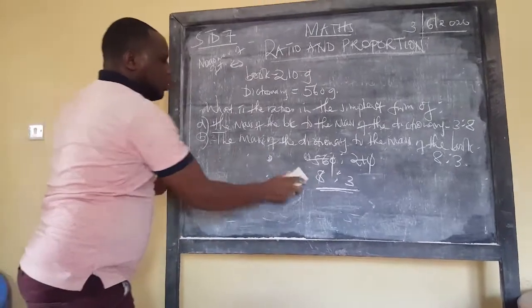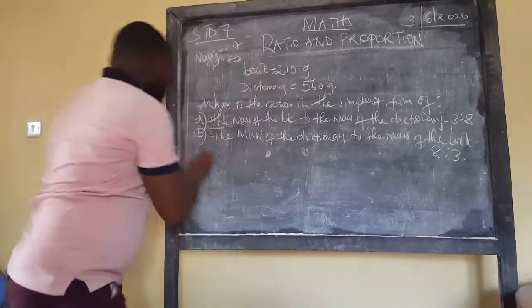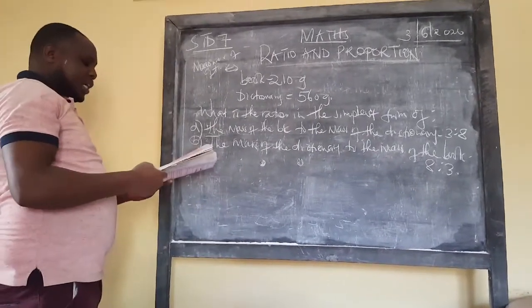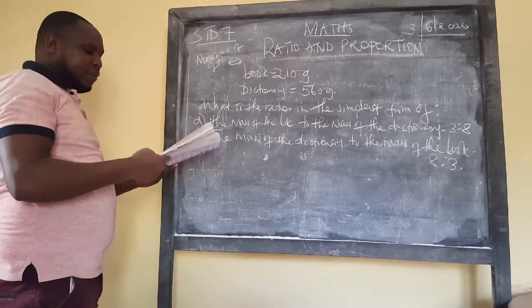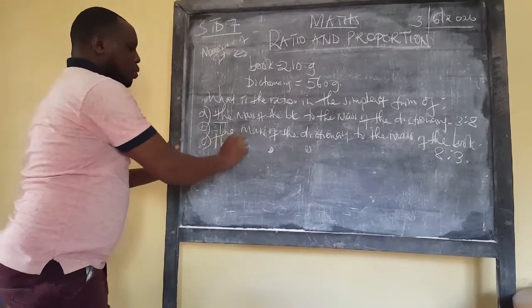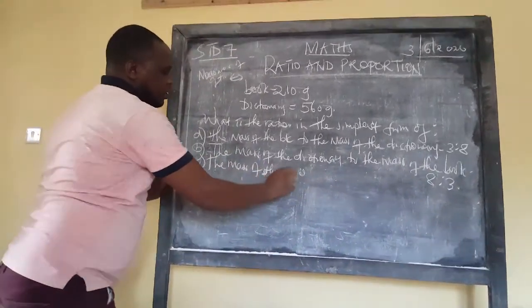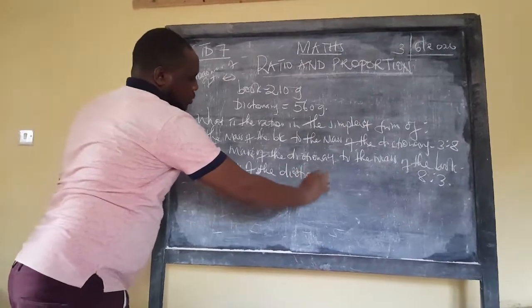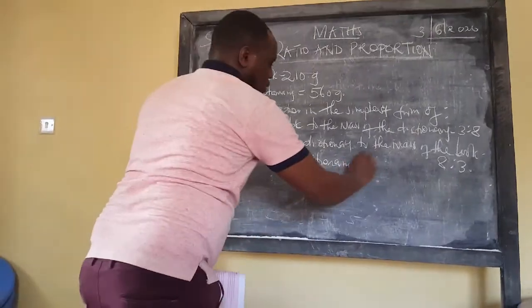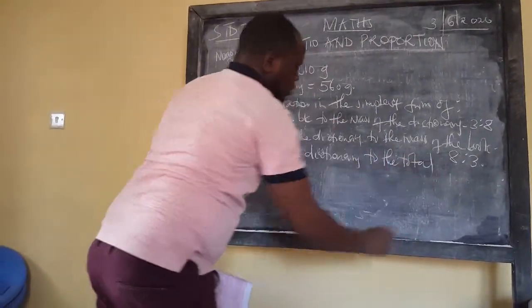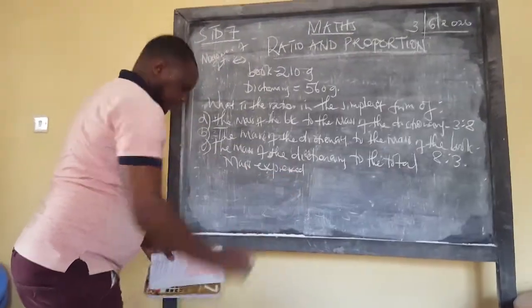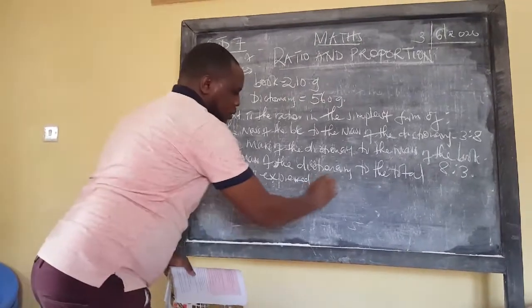Then our last question, of course, is C. C says, what is the mass of the dictionary to the total mass expressed as a fraction?